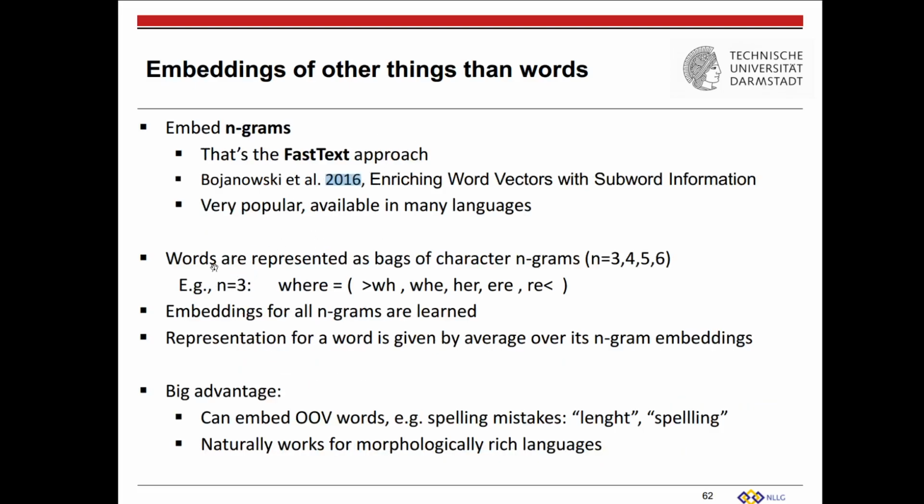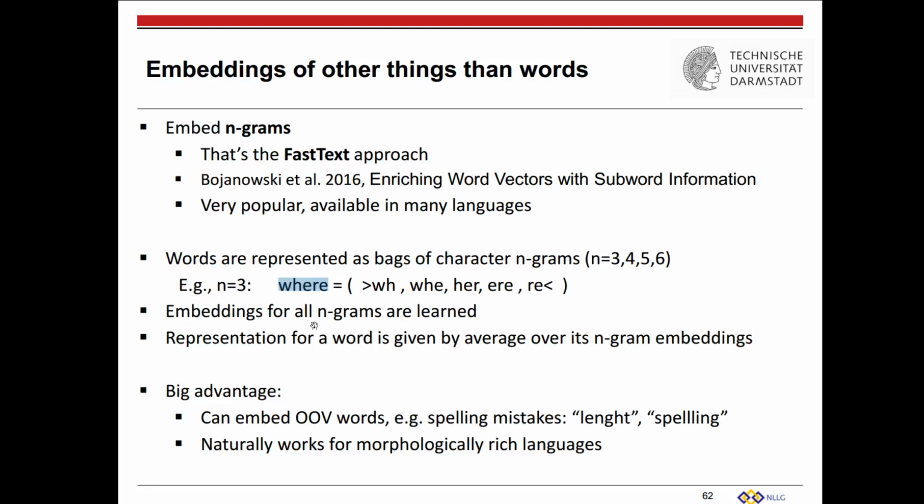They were just saying, okay, let's represent each word as a bag of its character n-grams. For example, 3-grams, 4-grams, 5-grams, and 6-grams. For example, the 3-grams, if you have the word where, would be represented as something like start of word WH, WHE, HER, ERE, RE, end of word, right? So that would be the n-gram bag, or the 3-gram sequence for where, and then they do the same for the 4-grams, 5-grams, and 6-grams.